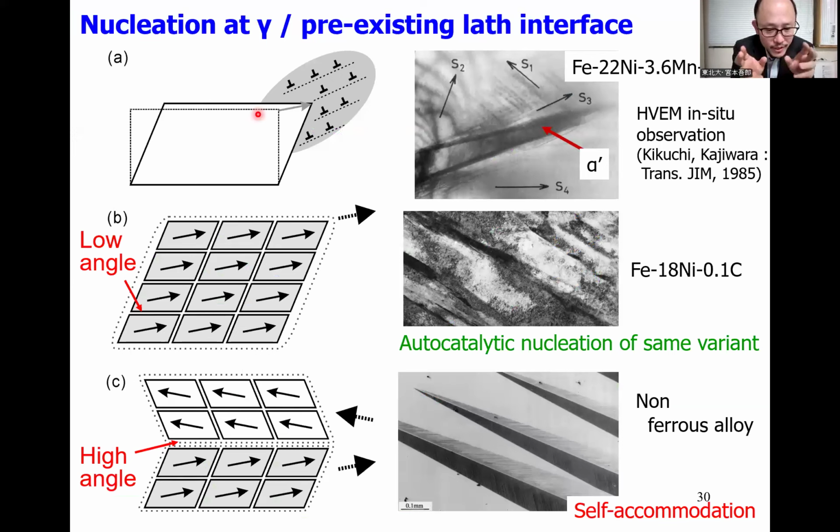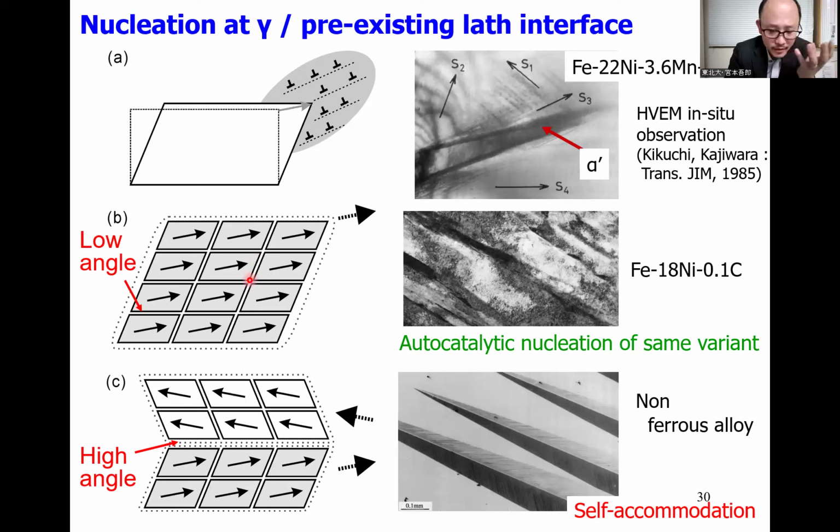And if the austenite matrix is soft, then this shape change can be accommodated by the plastic deformation of austenite. So dislocations or other defects should be introduced in austenite. And these defects can be nucleation sites for the subsequent formation of martensite or bainite. So as a result, the same variant is nucleated by autocatalytic nucleation. Then low angle boundary will be created in this case.